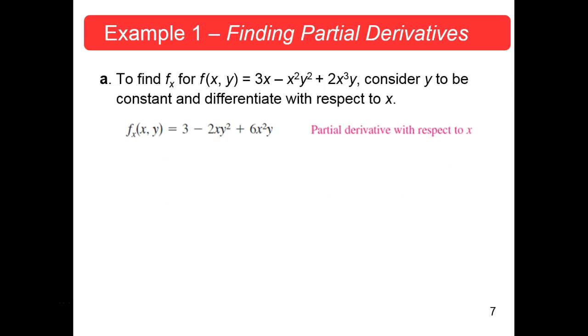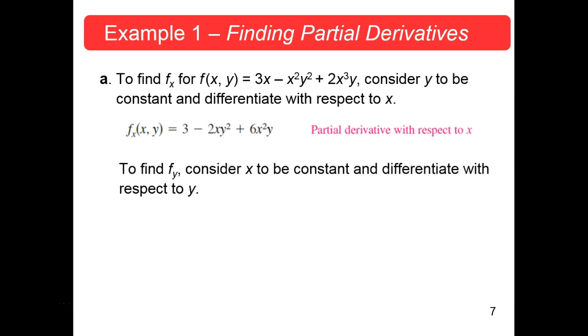To find f sub y, consider x to be a constant, differentiate with respect to y. They wrote their problem in two sections, but did the analysis in between those sections. So that's what we got, too.